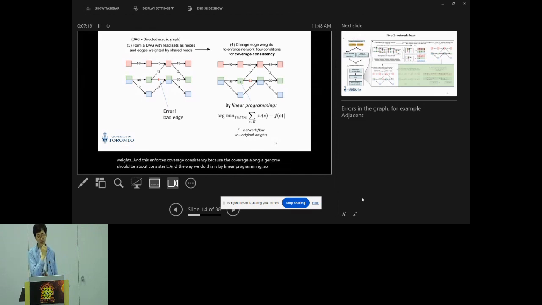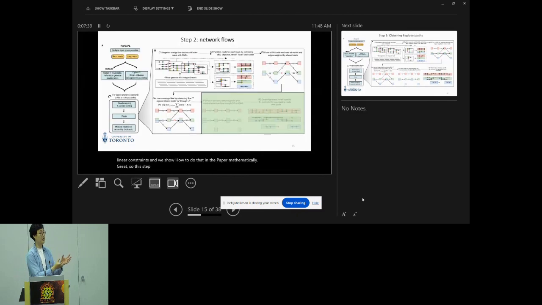So what we do is we find a new flow that is similar in L1 distance to the original weights W. And we solve this using linear programming because you can encode all the constraints as linear constraints, and we show how to do that in the paper mathematically. Great. So this step takes those local clusters, embeds them into a graphical representation, and uses coverage to regularize the graph to come up with a better graph. So that's the big idea here.